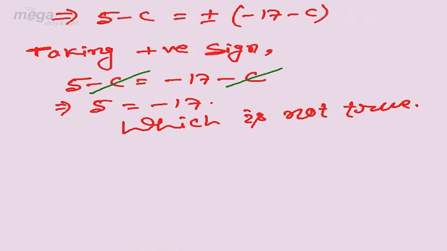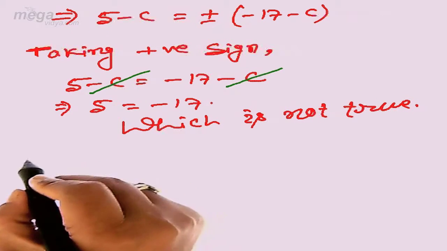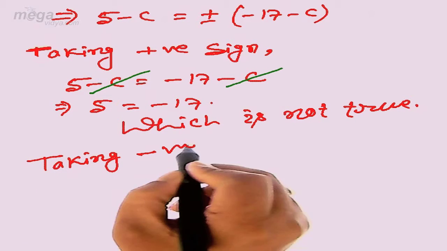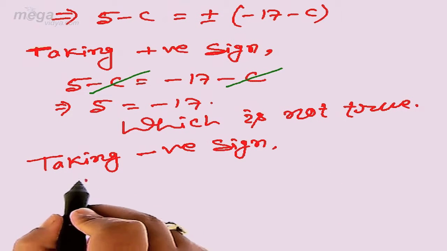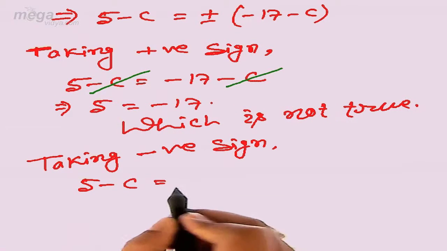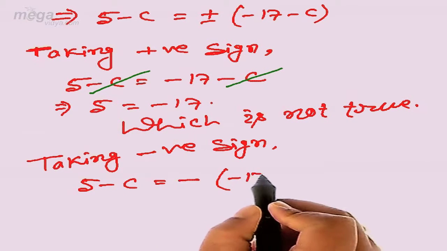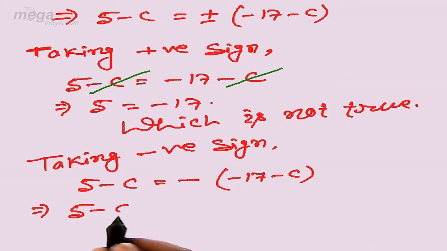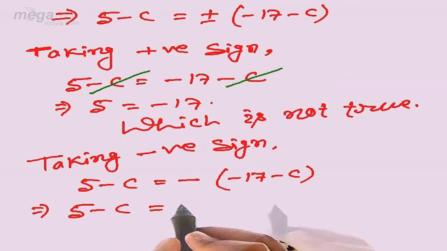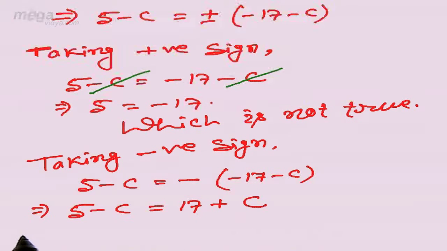It means by taking the positive sign we won't get any value of c, so we won't get any line which is mid parallel to those two lines. Now we will take the negative sign. So you get 5 minus c is equal to minus 17 minus c, 5 minus c equal to 17 plus c, and finally we get c is equal to minus 6.